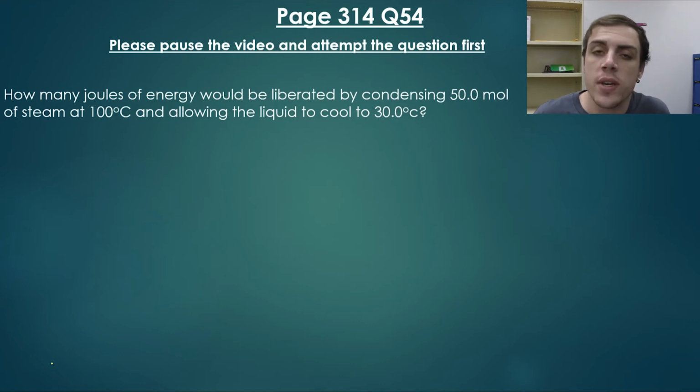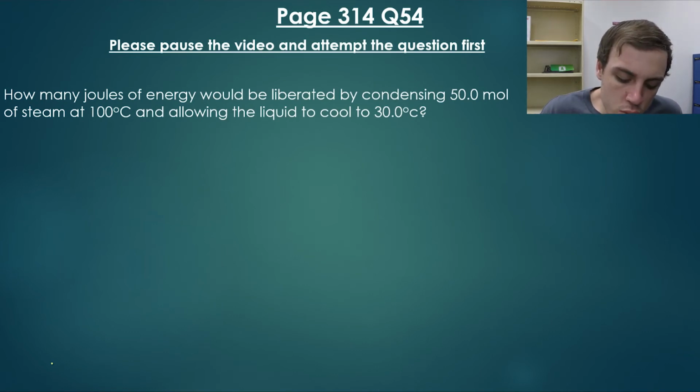So again, pause this video, have a go yourself, and then press play and we'll work through it together. So the question says, how many joules of energy would be liberated or released by condensing 50 mole of steam at 100 degrees Celsius and allowing the liquid to cool to 30 degrees Celsius?